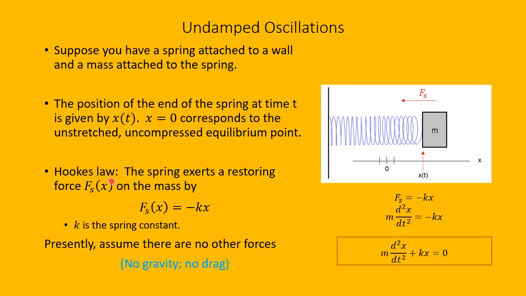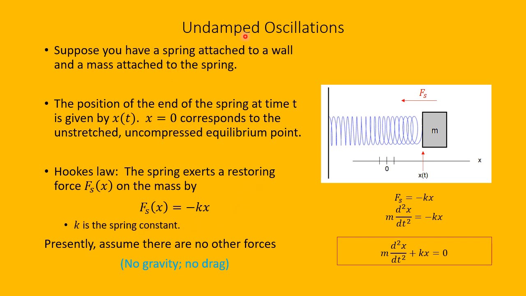Hooke's law says that the spring exerts a restoring force, which we'll call F sub s, and it depends on the position of the mass: F sub s of x equals minus k times x, where k is a constant called the spring constant.